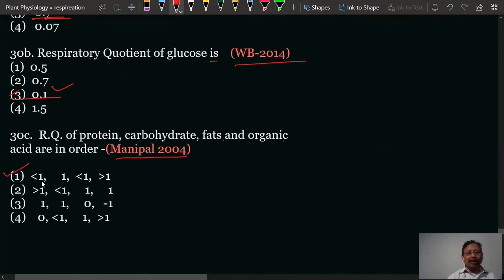Protein has less than 1, carbohydrate 1, and fat is less than 1, organic acid are more than 1.